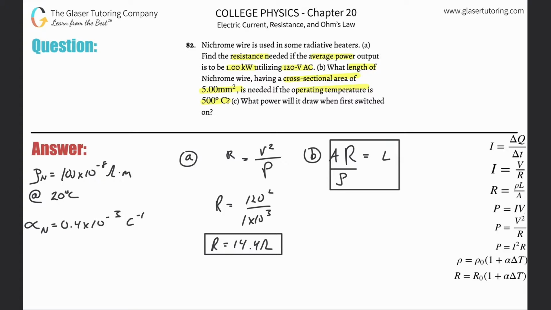Now if we want to find the length here at operating temperature, we have to know the cross-sectional area at the operating temperature, which actually might change, by the way, but we're going to assume it doesn't. And the operating resistivity at the appropriate temperature. So when you look up the resistivity in the book, it tells you the resistivity at 20 degrees Celsius.